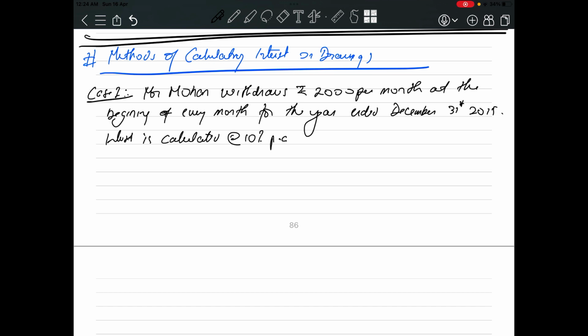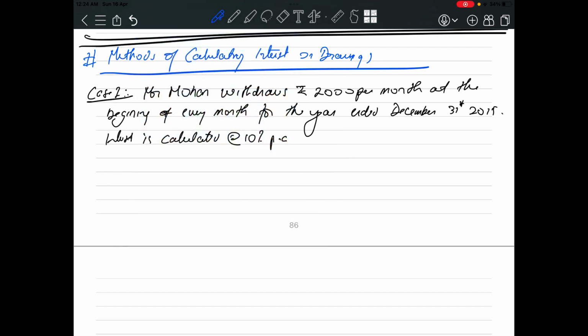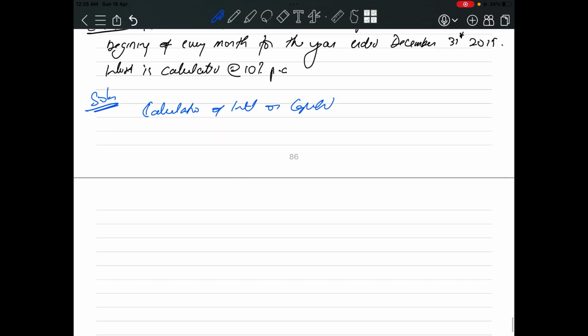Now how will we calculate interest on drawings? See, how will normal people who don't want to understand this logic calculate? They'll say calculation of interest on capital. Now let's understand it with a timeline before we move further.